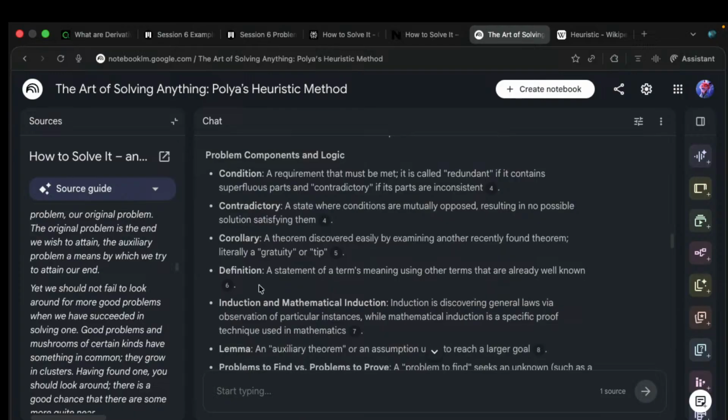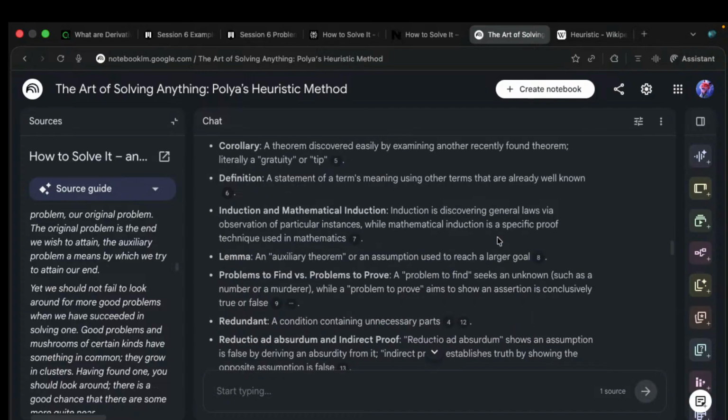This is the same as that. Induction and mathematical induction. Induction is discovering general laws via observation of particular instances, while mathematical induction is a specific proof technique used in mathematics. Yeah, a lemma, an auxiliary theorem, or an assumption used to reach a larger goal.